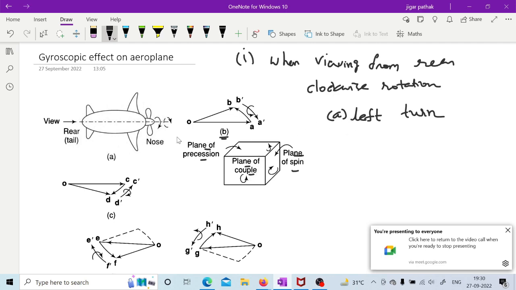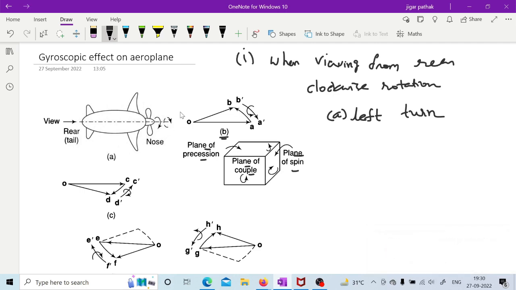Whenever this aeroplane is going to take a left turn, this will be the active gyroscopic couple AB, which is mentioned here, right? If AB is the gyroscopic couple, then the active gyroscopic couple will be clockwise.